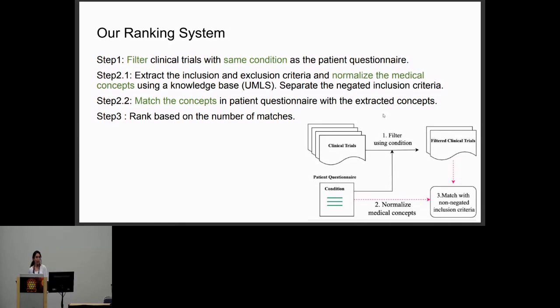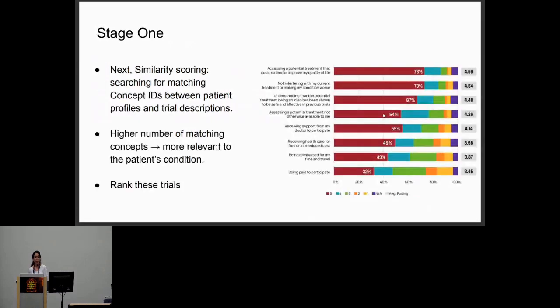For the matching of the concepts, we use representations from Sentence-BERT and then go through the ranking of the matches. By ranking, I mean using the similarity scores when searching for matches of the concept IDs. And when the number of matches is higher, it means that the trial is more relevant to the patient.